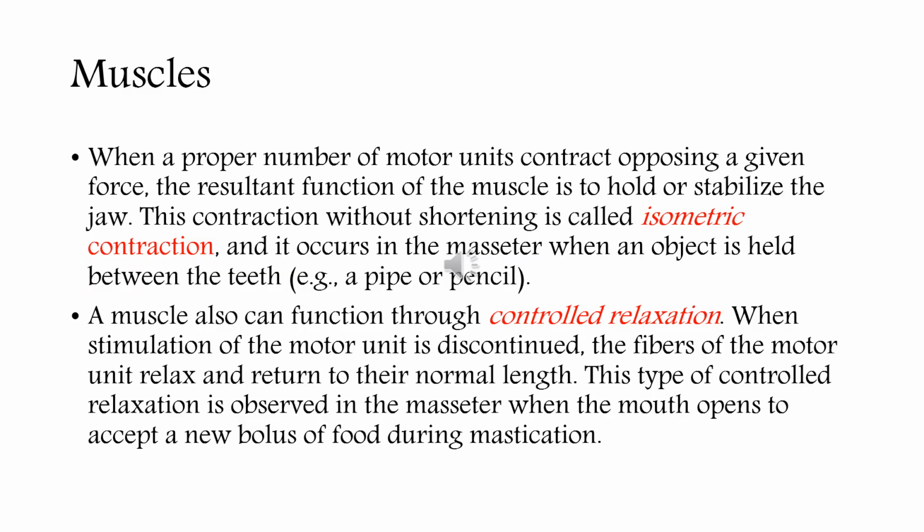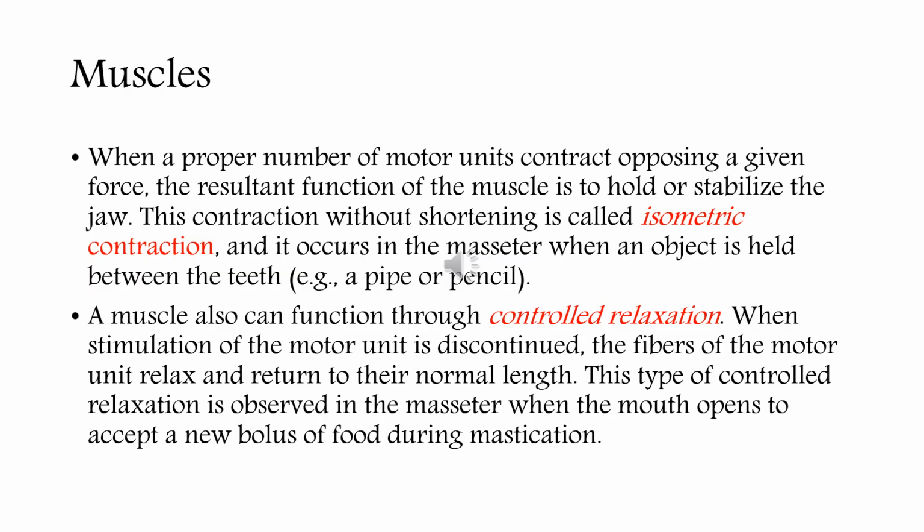Now, the third type of contraction is controlled relaxation. And this happens when the stimulation of the motor unit is discontinued. So there's no impulse coming to the motor units anymore. The fibers of the motor unit relax and return to their normal length. And this type of controlled relaxation is observed in the masseter when the mouth opens to accept a new bolus of food during mastication.